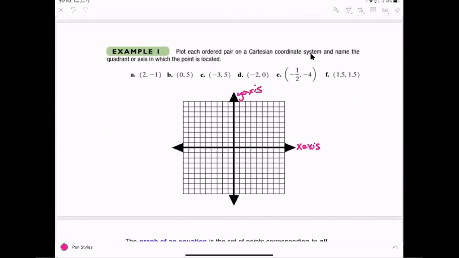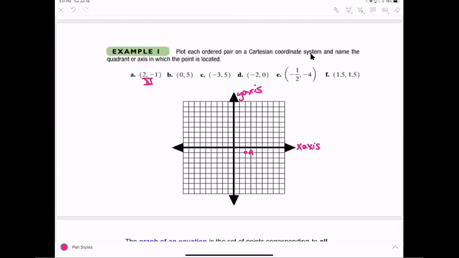So to plot this first point, (2, -1), we're going to start at (0, 0). We're going to go to the right 2, and then we're going to go down 1, and then we're going to place the point, and I'm going to label that point A. And the quadrant is quadrant 4.